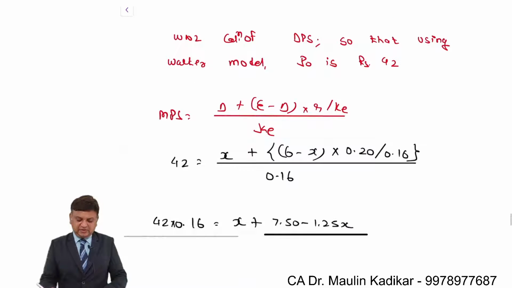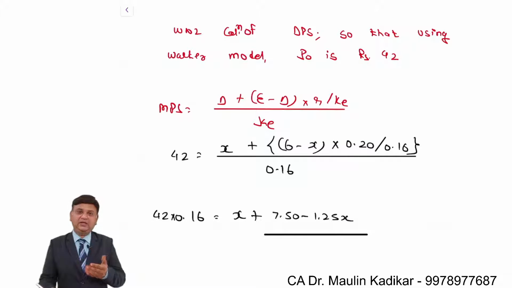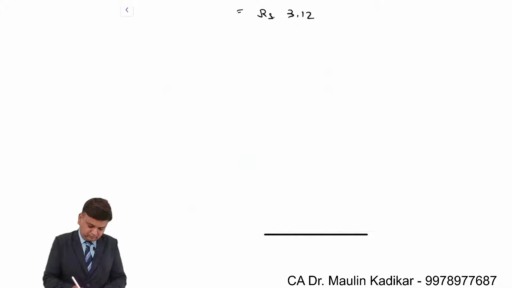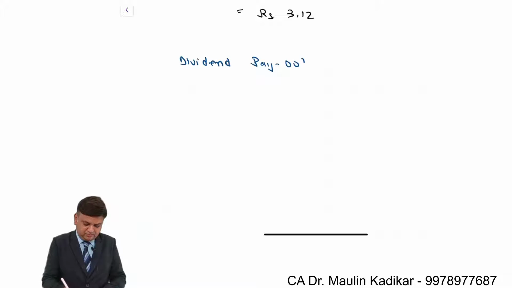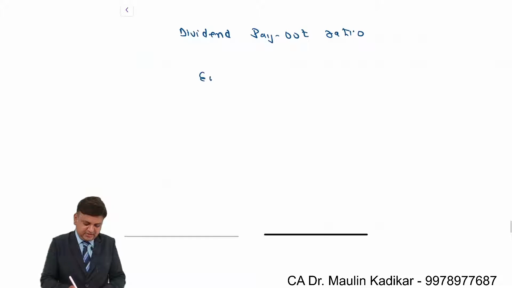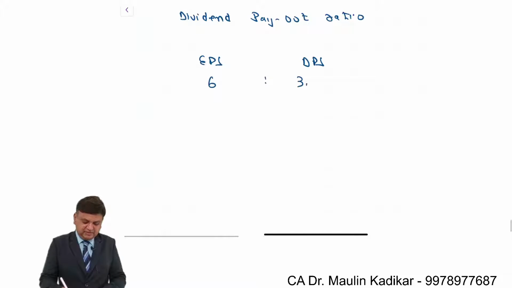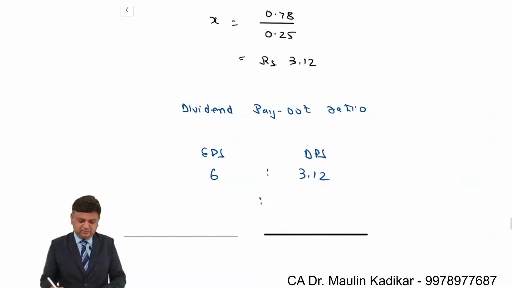Once you compute the dividend per share, then finally you will compute the dividend payout ratio. So dividend payout ratio, in that it is DPS upon EPS. For 6 rupees of the earning, dividend per share is 3.12.